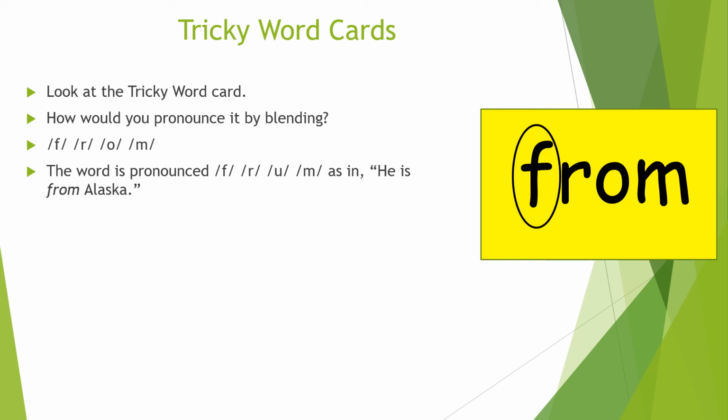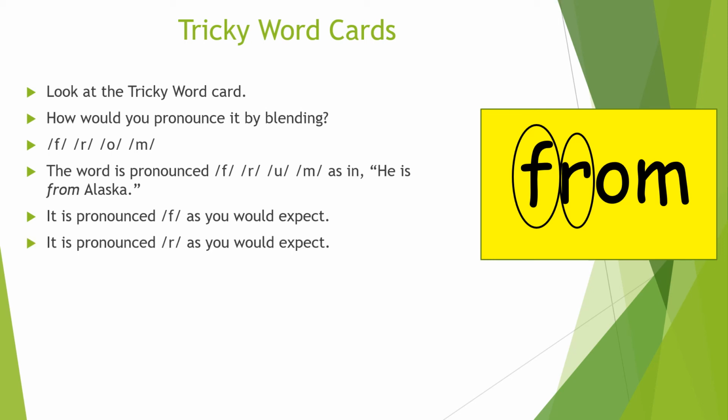This is the letter F. Say F. This letter F is pronounced f, just as you would expect. This is the letter R. Say R. The R is pronounced just as you would expect.